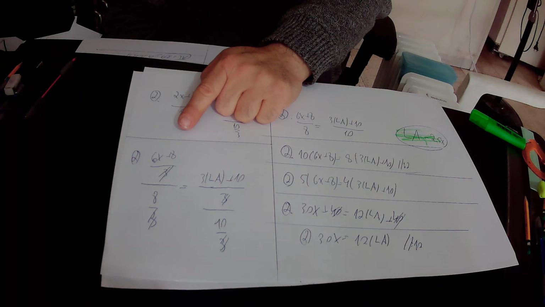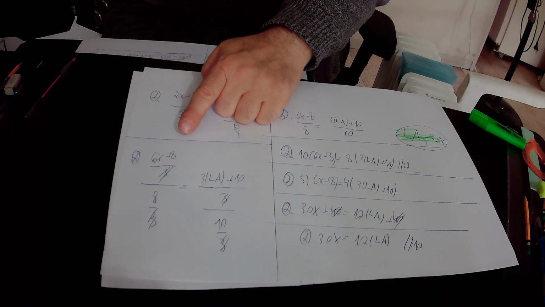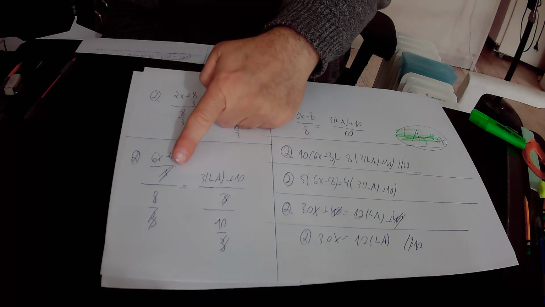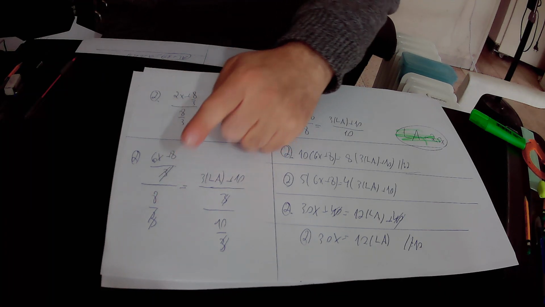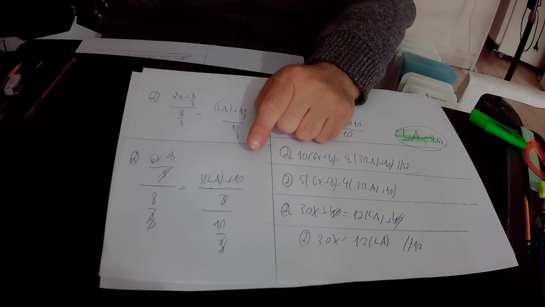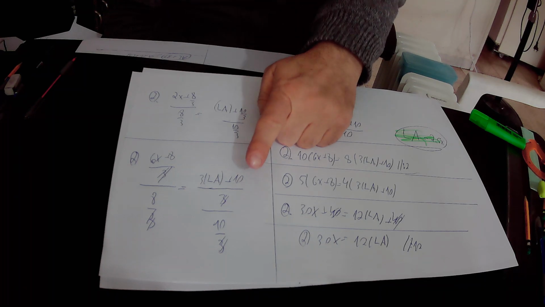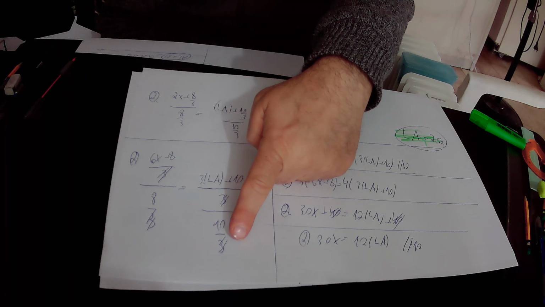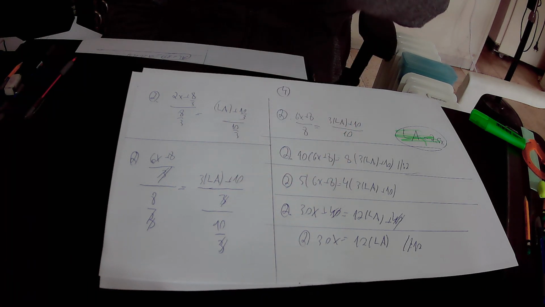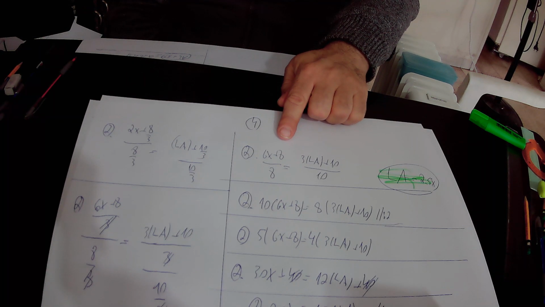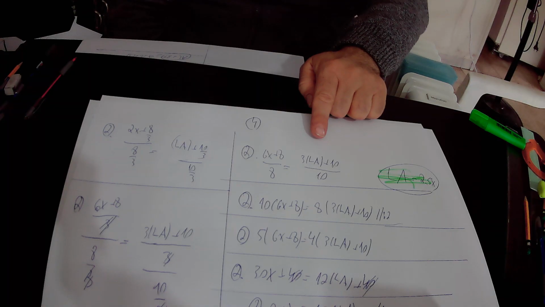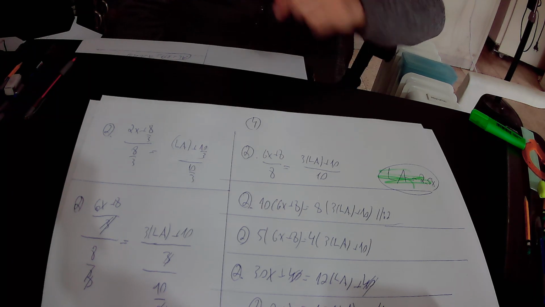On this side of the equation, we have 3 in the numerator and 3 in the denominator, so 3 will get cancelled. On the other side of the equation, we also have 3 in the numerator and 3 in the denominator, so 3 also will get cancelled. After we cancel 3 on both sides of equation 2, we are left with 6x plus 8 over 8 equals 3LA plus 10 over 10.